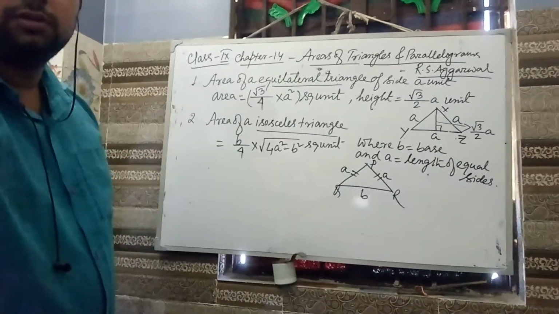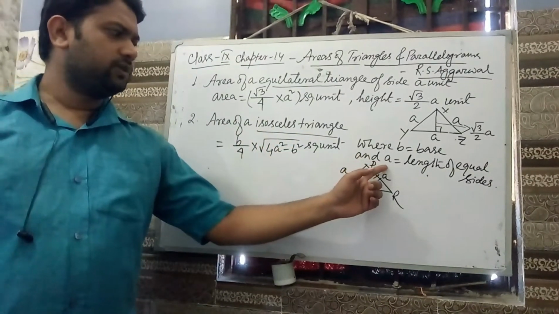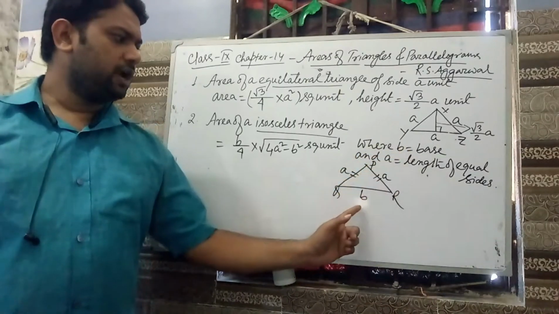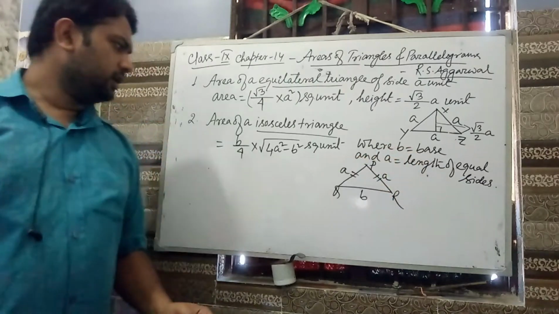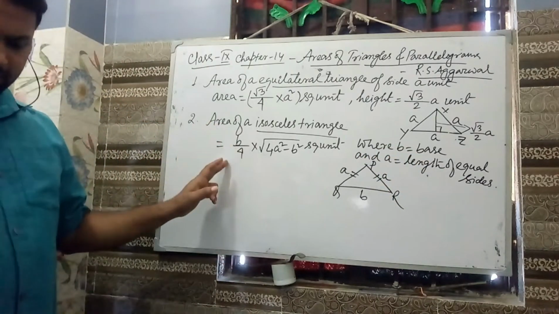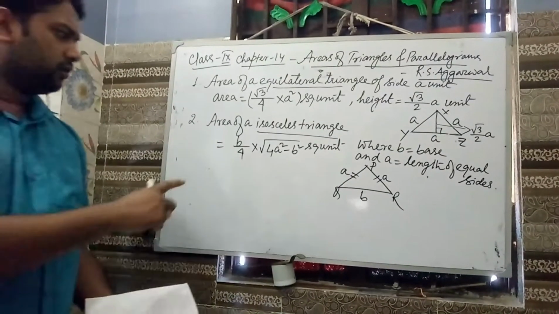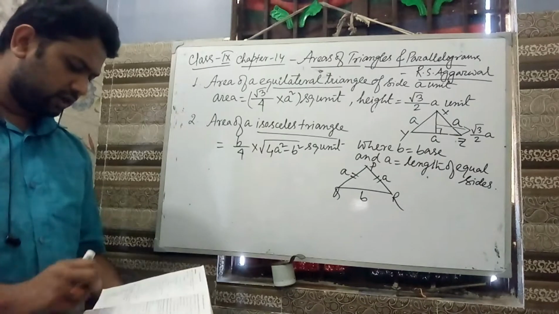Area of an isosceles triangle whose equal sides are of length A units and unequal side which we have taken as base B unit, then area will be B by 4 into √(4A square minus B square) units.